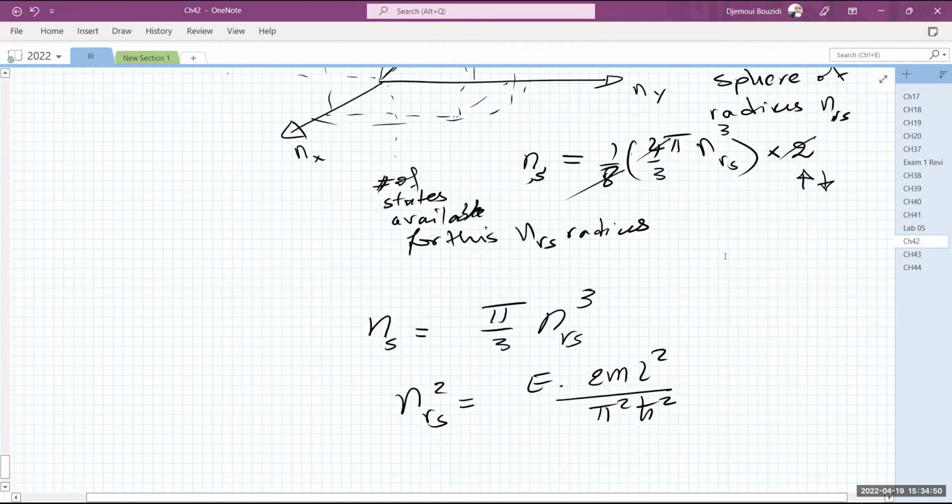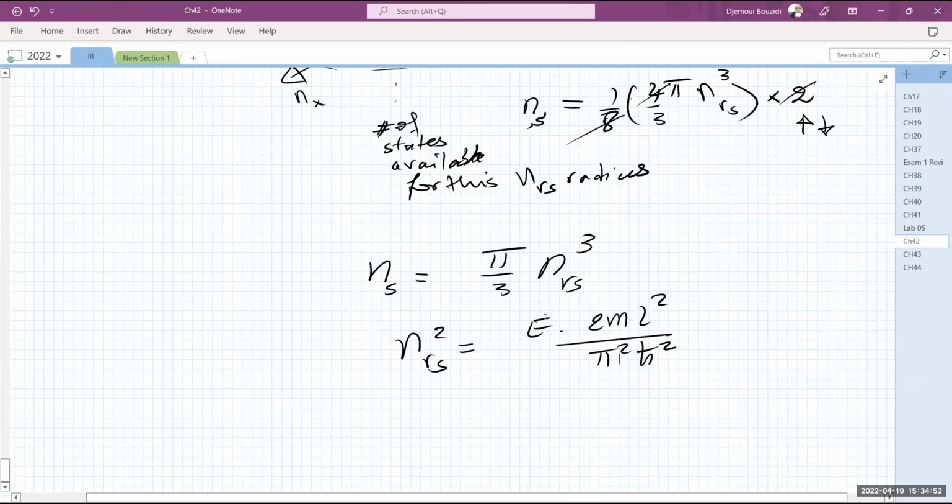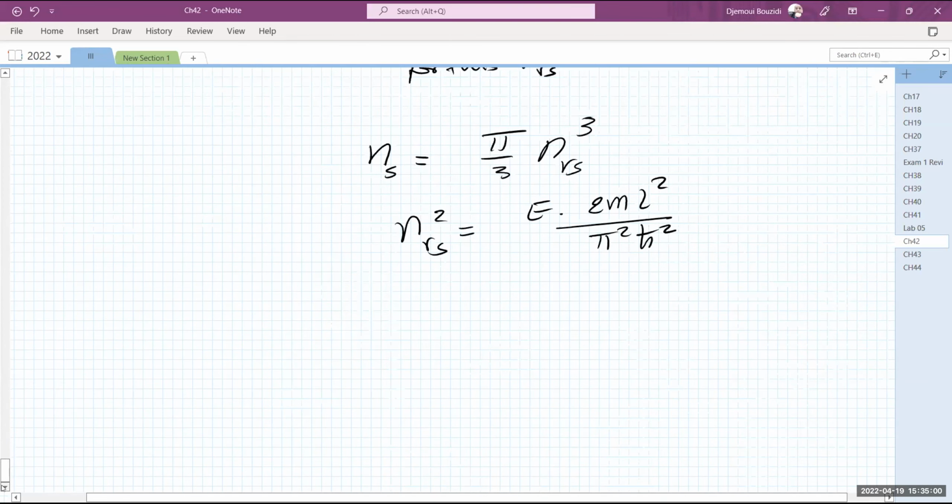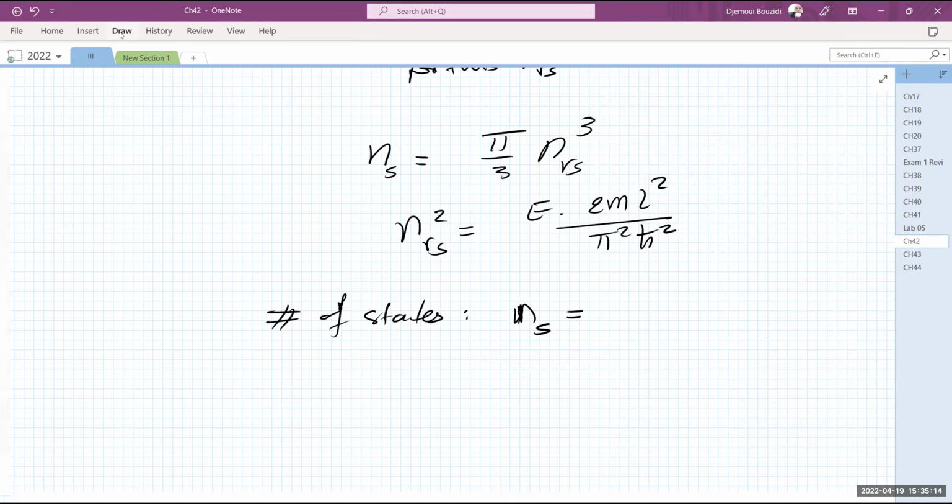Yes. Okay, so I'm going to take the square root of this expression and cube it to find the number of states. So the number of states then is going to be NS. I mean, the book uses N. I really don't like N in this case because of the fact that we have so many N's in this problem.